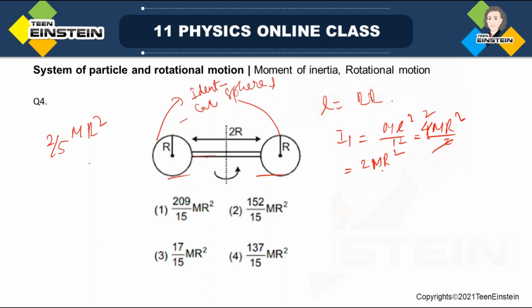So options are given in the question itself. So what would be the answer in this case? How would moments of inertia combine with each other? So we have to now get the total moment of inertia by summing them up.